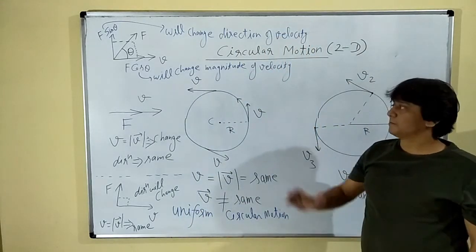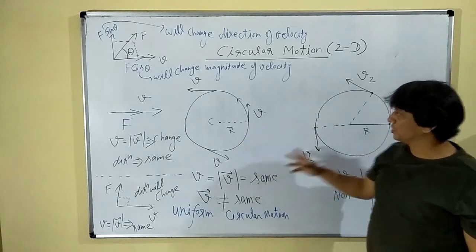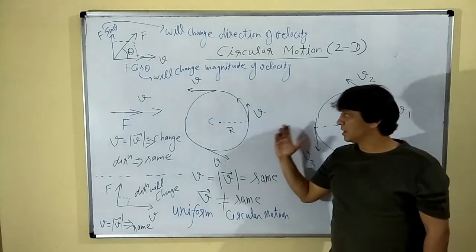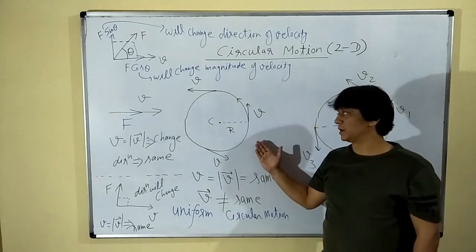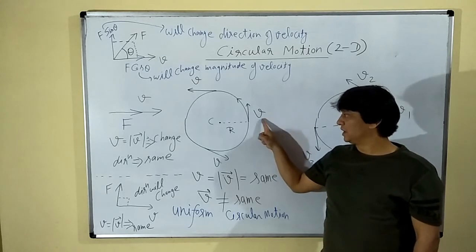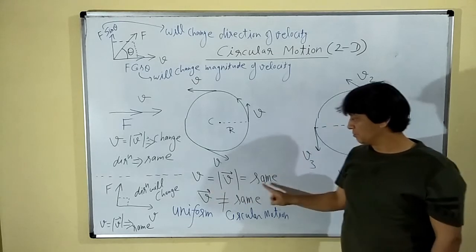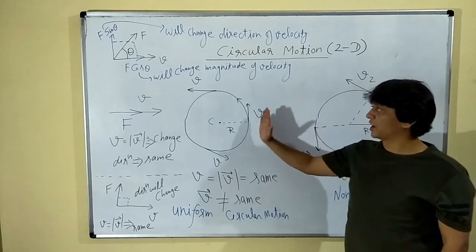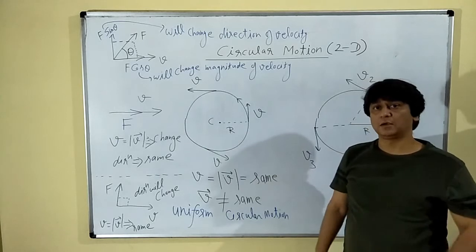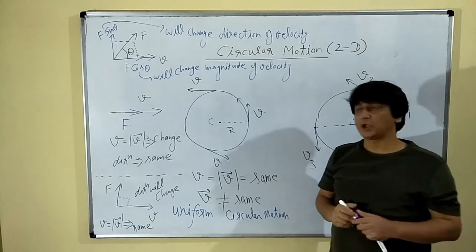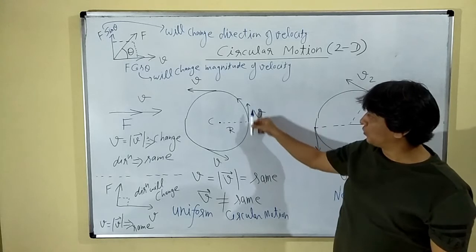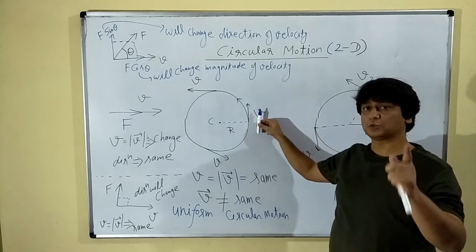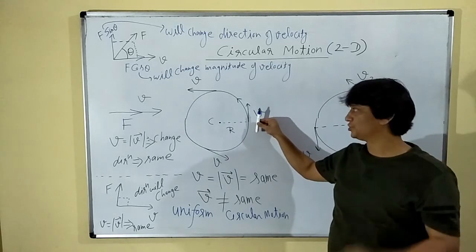अब अपने यूनिफॉर्म सर्कुलर मोशन एंड नॉन यूनिफॉर्म सर्कुलर मोशन इनके पास चलते हैं. In uniform circular motion, what is happening? V magnitude is the same. अगर magnitude same है और केवल क्या change हो रही है? Direction. So I hope you can see there can be no force in this direction. क्योंकि अगर velocity के direction में force होता तो उसका magnitude क्या कर देता? वो change.